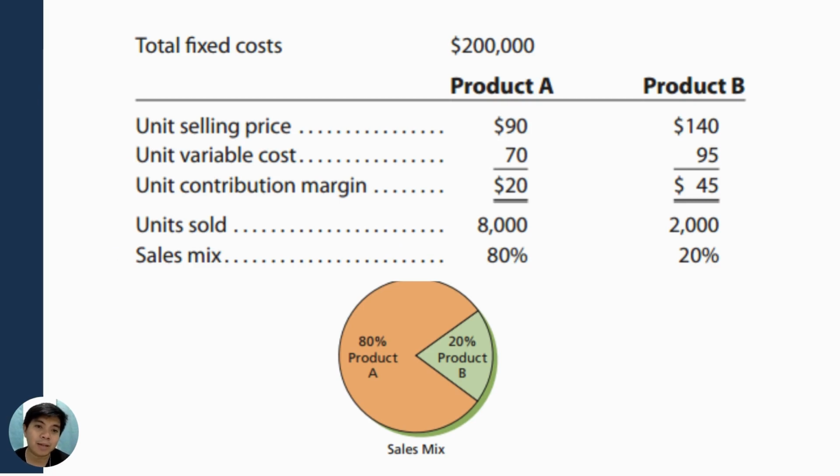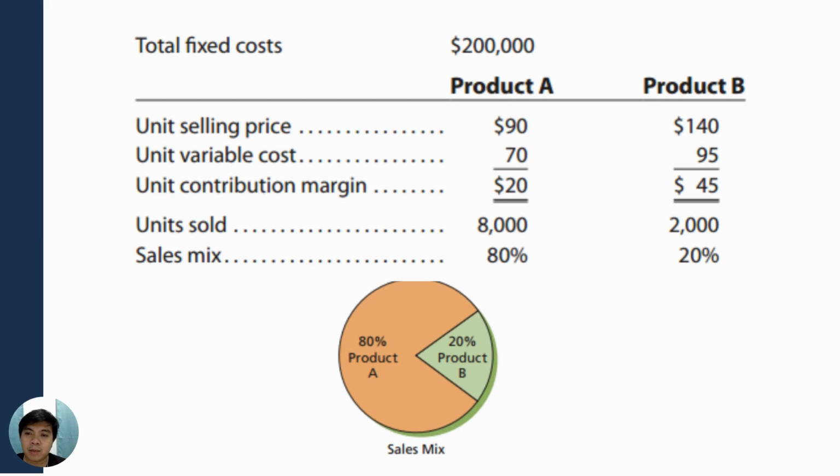The unit selling price for product A is $90 and for product B is $140, and unit variable cost for A is $70 and $95 for B. We subtract the selling price of $90 and variable cost of $70, so that would result in a unit contribution margin of $20. Same with product B, the result is $45.